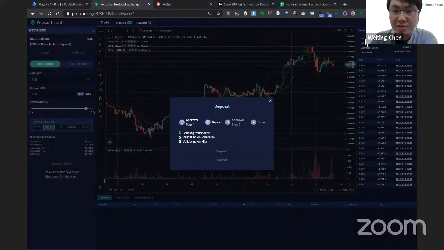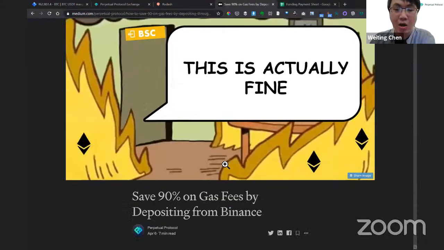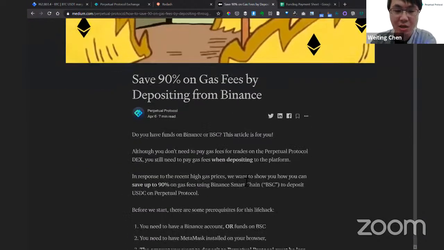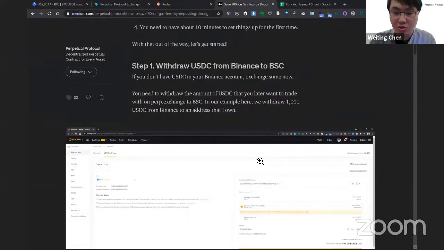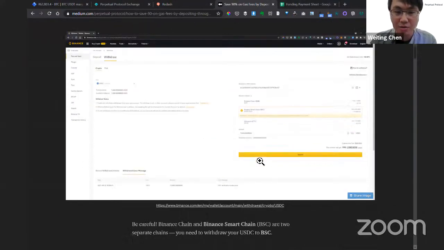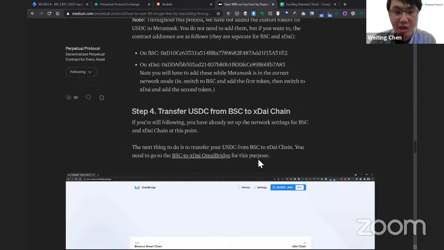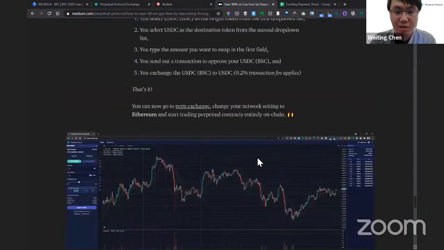The gas fee is kind of high when you deposit a small amount. So we actually have an article called how you could save up to 90% gas fee by depositing from Binance. In this article, we go through the tips and steps. Here are the actual numbers.